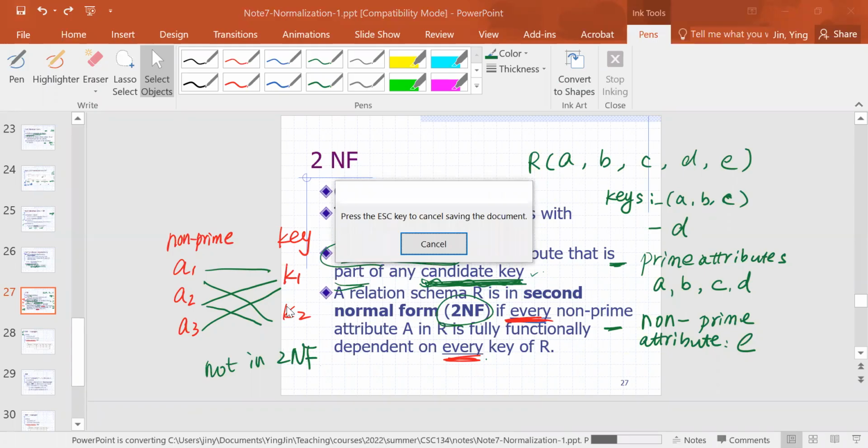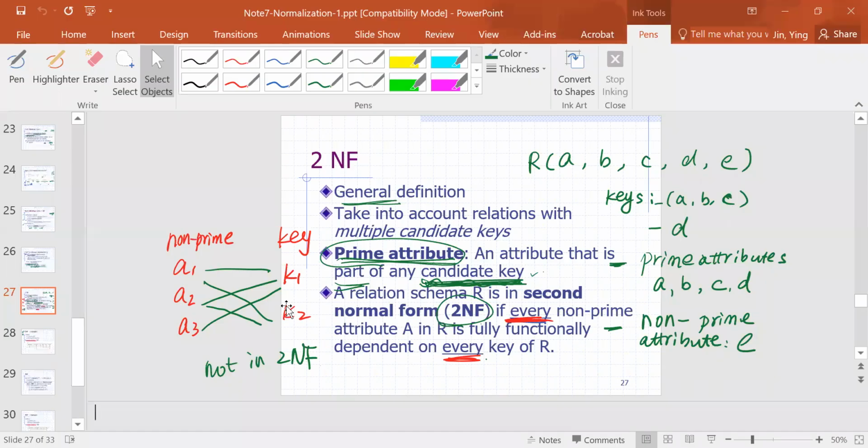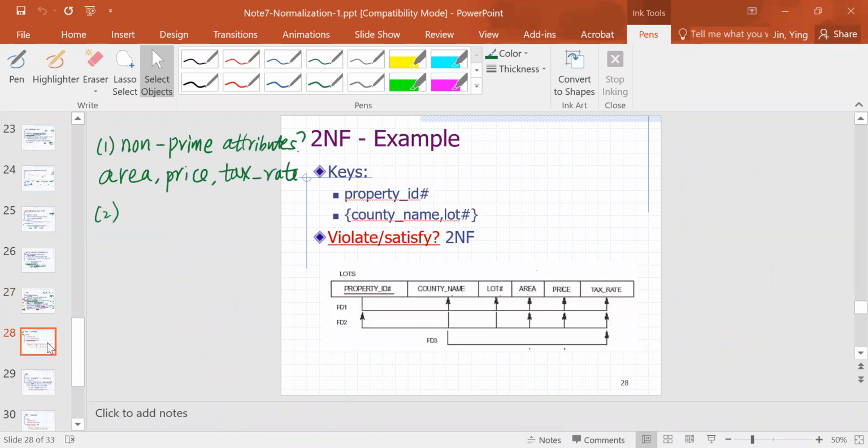If we can find a violation, then we do not need to continue, because we can just say not in second normal form, and give the reason. But if we don't find one, we need to keep going until we finish the last one. Then we can say, yes, this is in second normal form. And let's see this case. So I already have the non-prime. My first non-prime attribute is area.